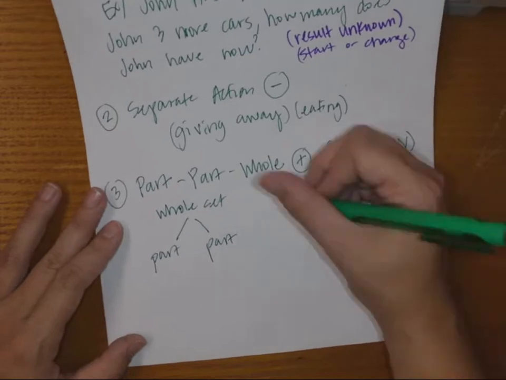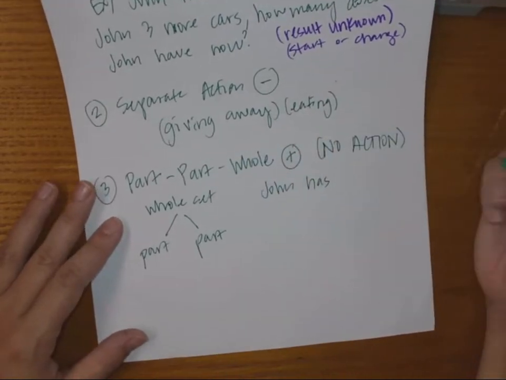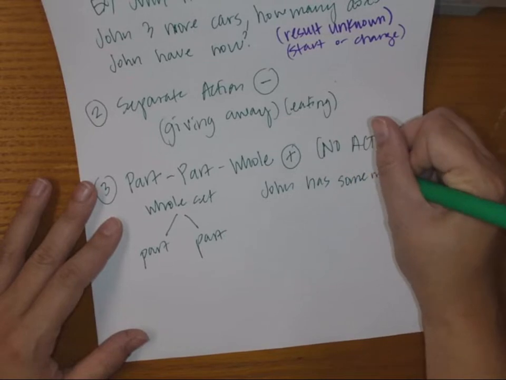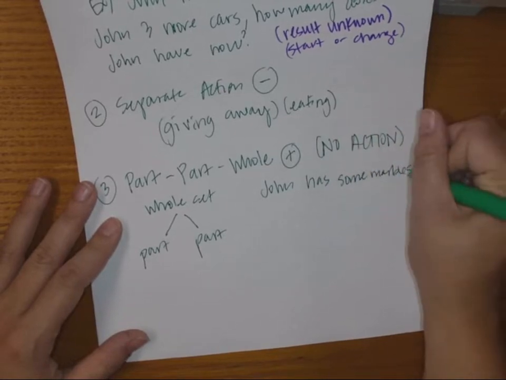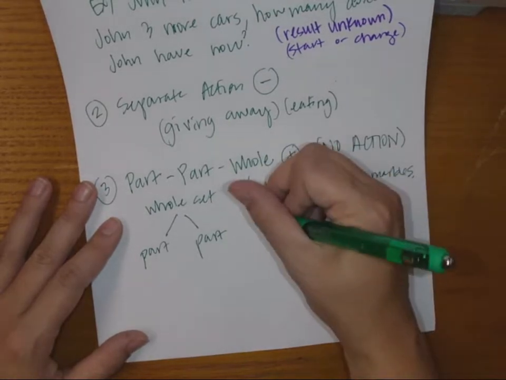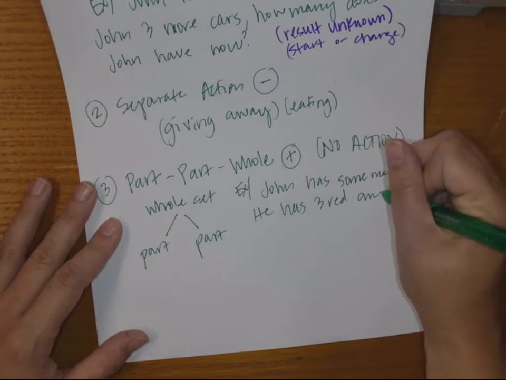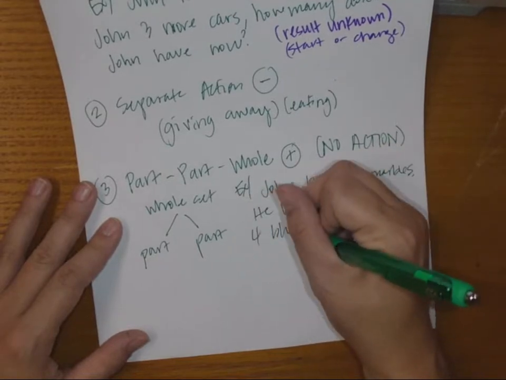So this is an example. John has some marbles. He has 3 red and 4 blue marbles.